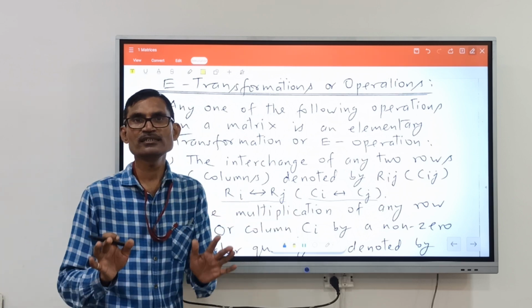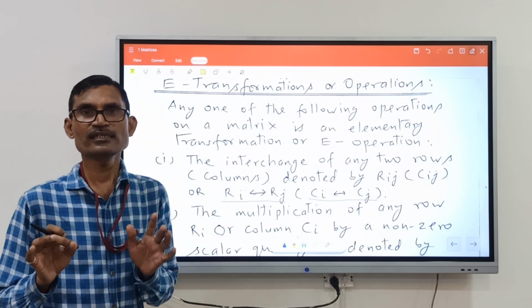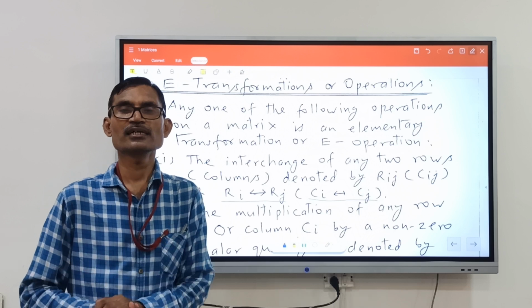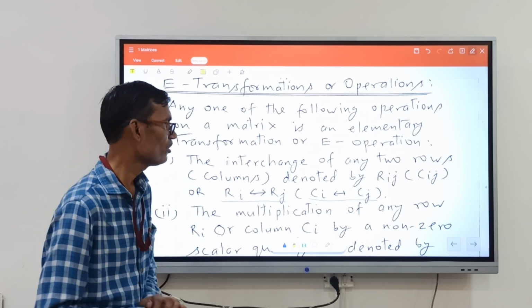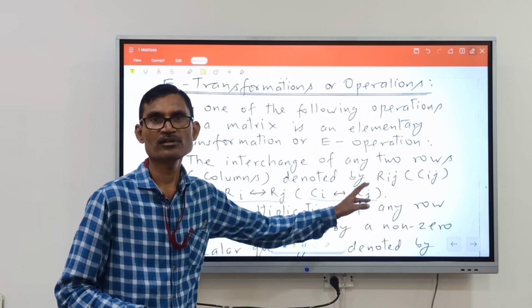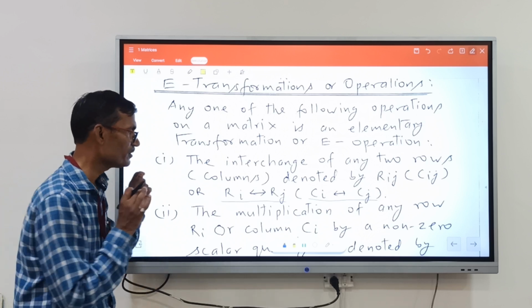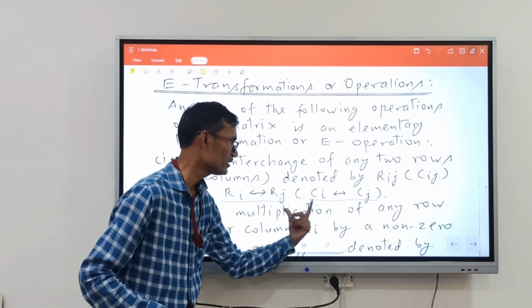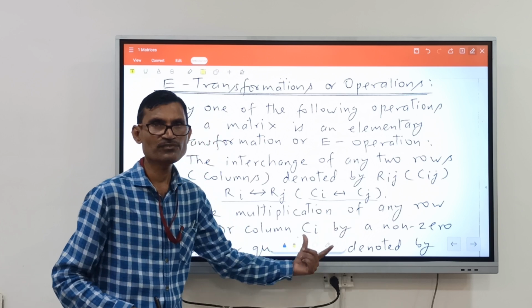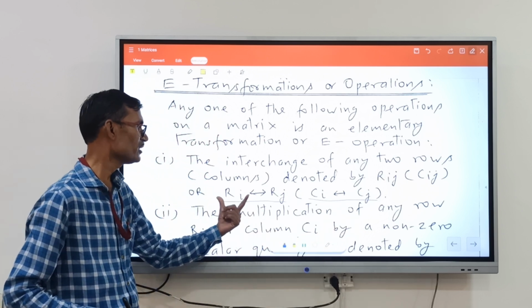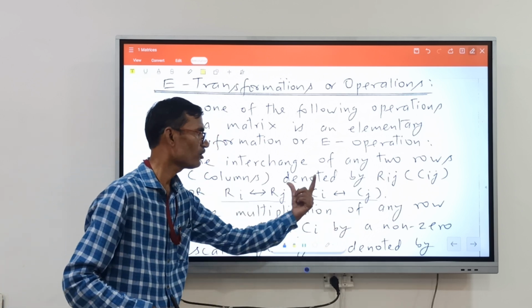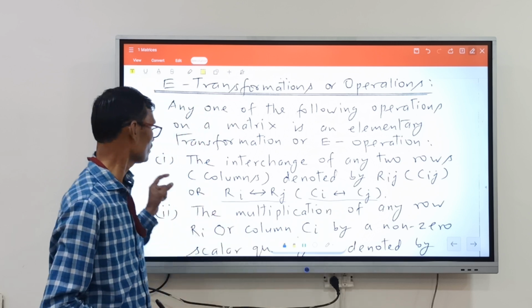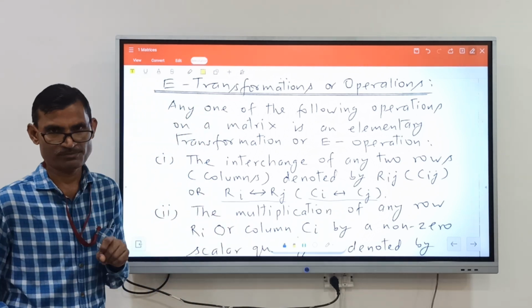We don't need to write out that we are interchanging the ith row and jth row or the ith column and jth column. We will simply use this symbol, and it means that we are making the interchange between the 2 rows or between 2 columns. So this is the very first step.